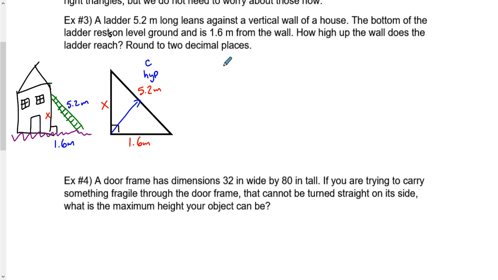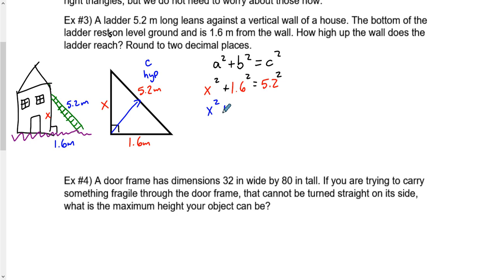So I'm going to actually go a little bit different. I'm going to say A squared plus B squared equals C squared. That's pretty common. Our C is still 5.2, and it's squared. I'm going to call this B. Actually, sorry, I'm just going to make that red. 1.6 squared. And our x squared is right there. So when I type some stuff into my quick calculator, I'm going to get a few fancy things.